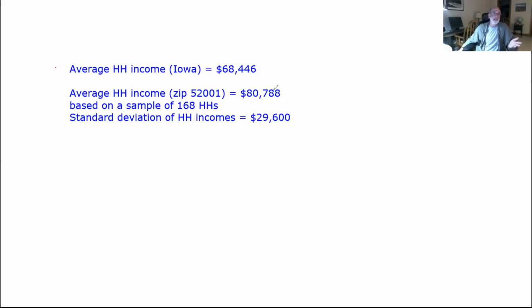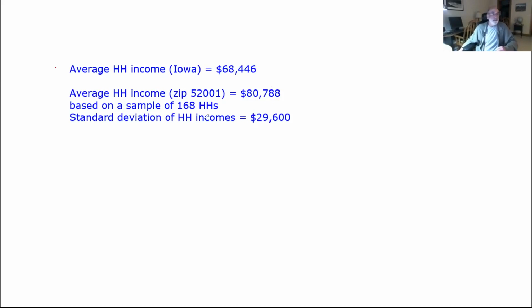The question about statistical inference is whether we need to know any more or do we just stop there. 68,446 is clearly less than 80,788, but the 80,788 is only based on 168 households, out of 5,603 households in zip code 52001. So it's only something on the order of 3% of the households that this 80,788 comes from.